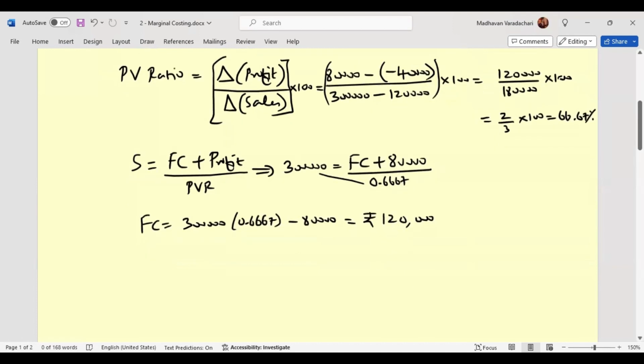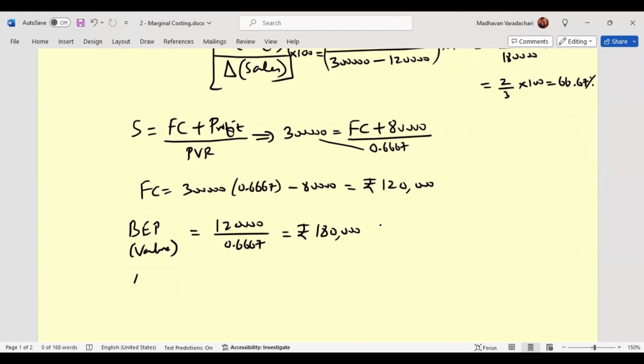We already have PV ratio. So break-even point in terms of value will be fixed cost, which is 1,20,000 divided by PV ratio, which is 0.666. We calculate, we will get rupees 1,80,000.